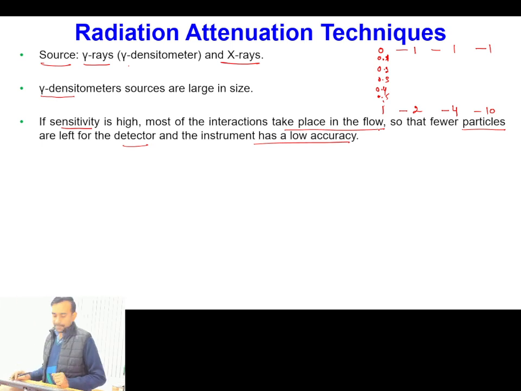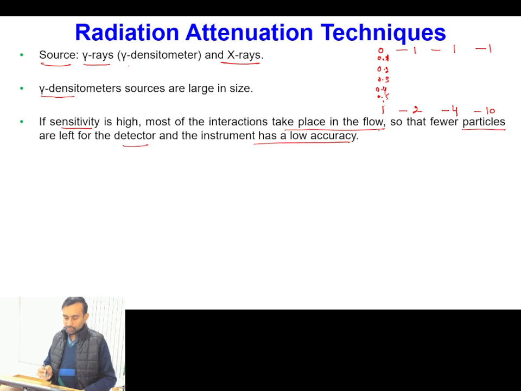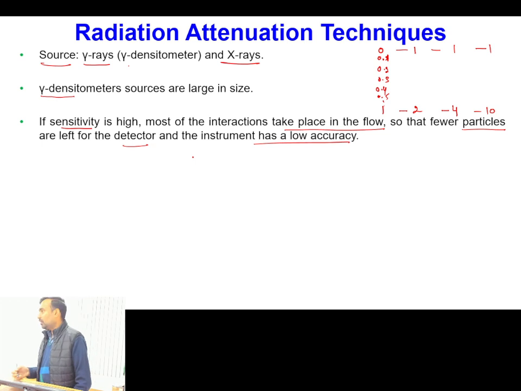So that's why, whatever the range of operation of the measurement, the variation of the signal in that range should be significant. If the variation of signal is significant, then we will be able to determine the data more accurately. So what is the point? The point is, if sensitivity is very high, then interactions will take place in the flow.